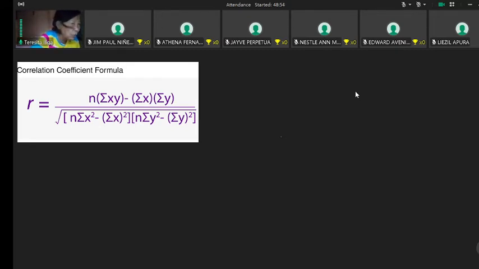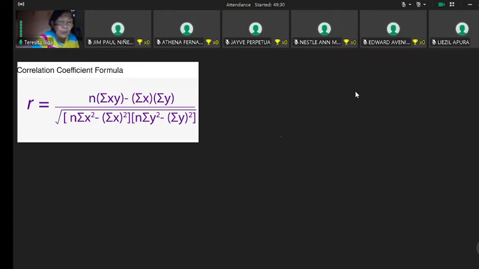Then for your summation of xy, you just look at your table. You have summation of xy 600 minus summation of x, 40, multiplied by summation of y, which is 50. All over the denominator, you will have the radical sign. Inside the radical sign, you will have n times the summation of x squared, 480, minus summation of x, 40, raised to the power of 2.